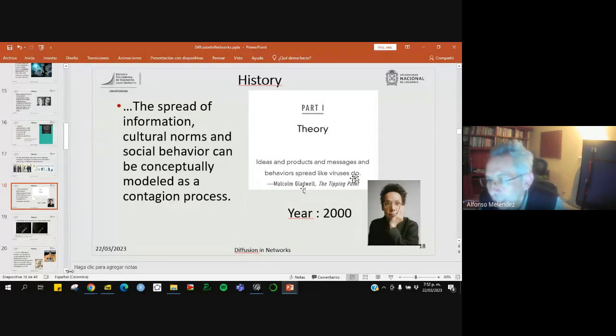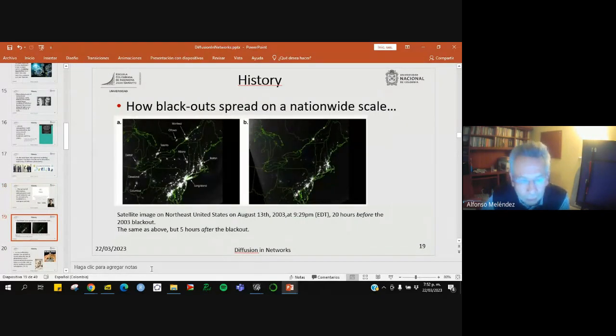A dramatic example of a contagious process is this. This happened in 2003. I guess you were very young, but this was a famous blackout in the United States. Here at the left is before the blackout, a lot of lights on the eastern coast of the United States, Long Island, Boston.